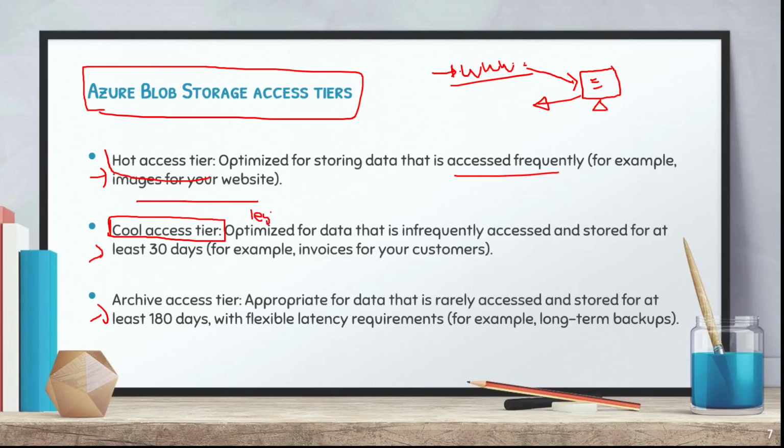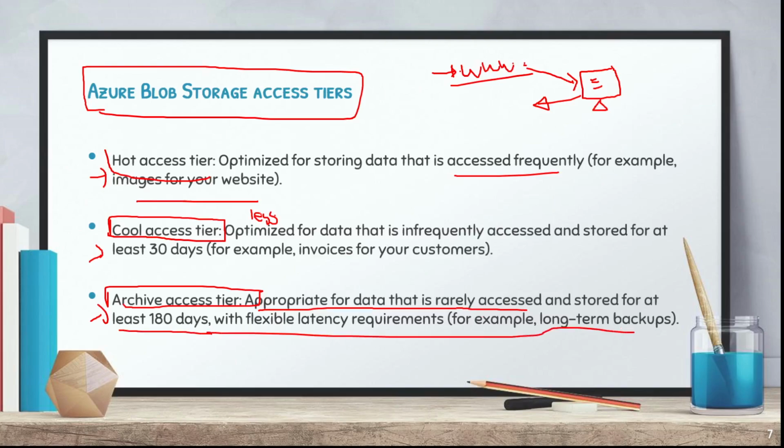Now if you want your server to be accessed only once in a few months, or maybe a year, the archive access tier would be best for you because the cost will be very minimal. This is appropriate for data that is rarely used, or that you are just storing for audit purposes, or to check if anything goes wrong.